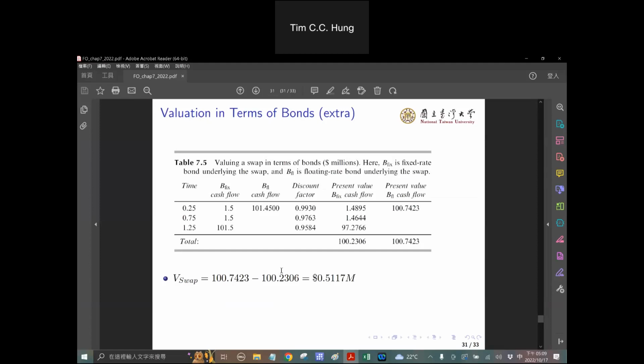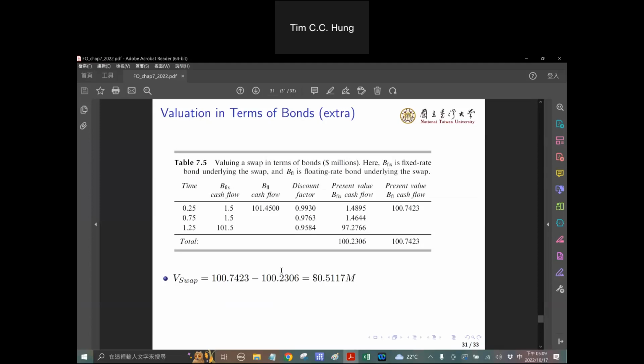If that's the case, it's as if we are receiving 100 and 1.5 at the end of the life of the swap. On the other hand, if this is a floating bond, right after it pays this floating coupon payment, it will have exactly the face value remaining.